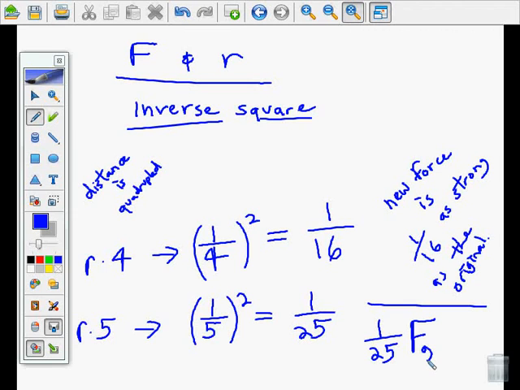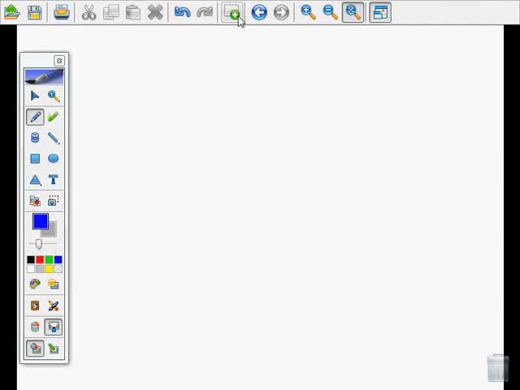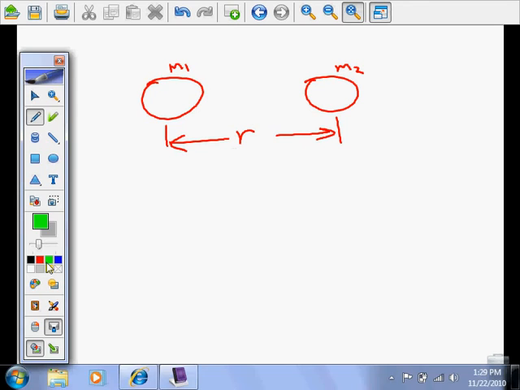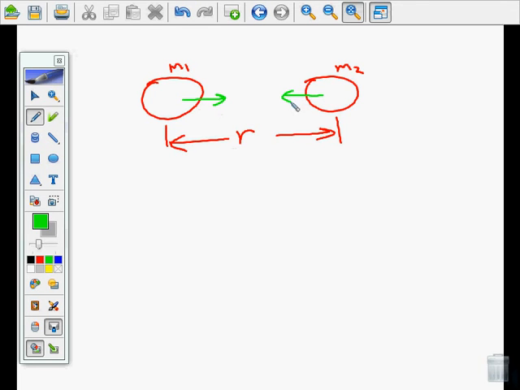And then, last but not least, you have to be able to play the mass game and the distance game at the same time. So, say for example, you have M1, M2, they're a distance r apart, and the force of attraction is Fg.